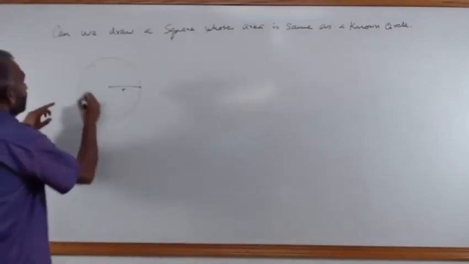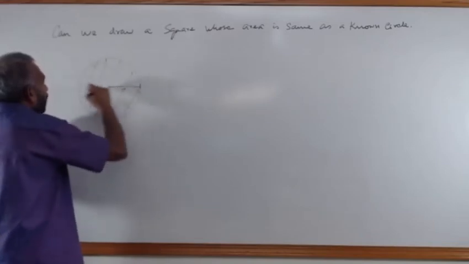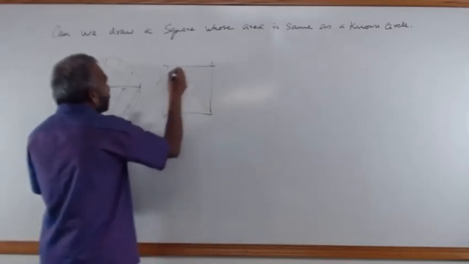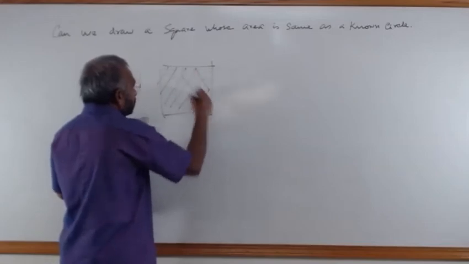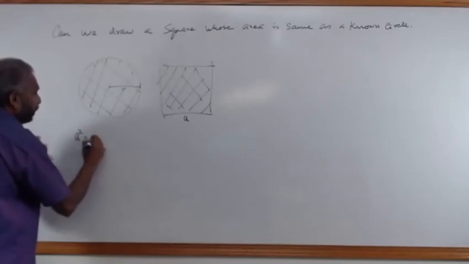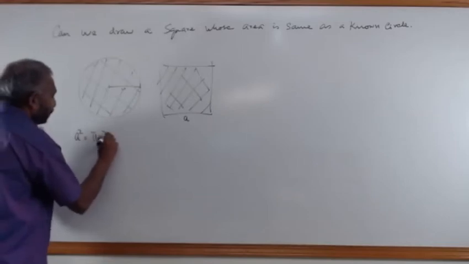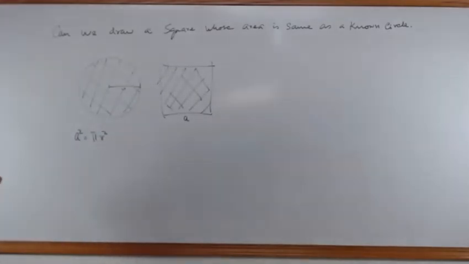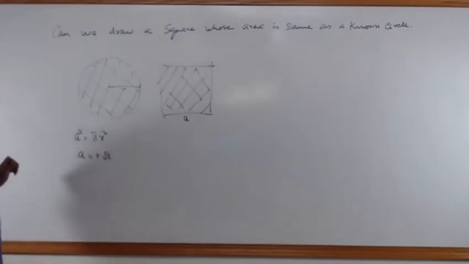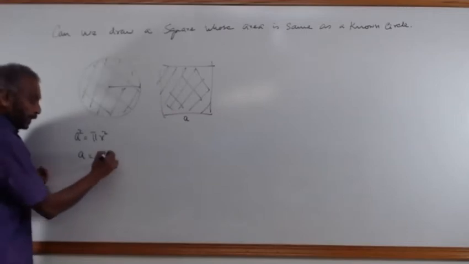Question is, so this is the area, right? So we want to construct a square whose area is this. Area should be the same. So if the side of the square is a, it should be pi r square. So what is a? a is equal to r root pi. r can be constructed, definitely. But root pi is not.